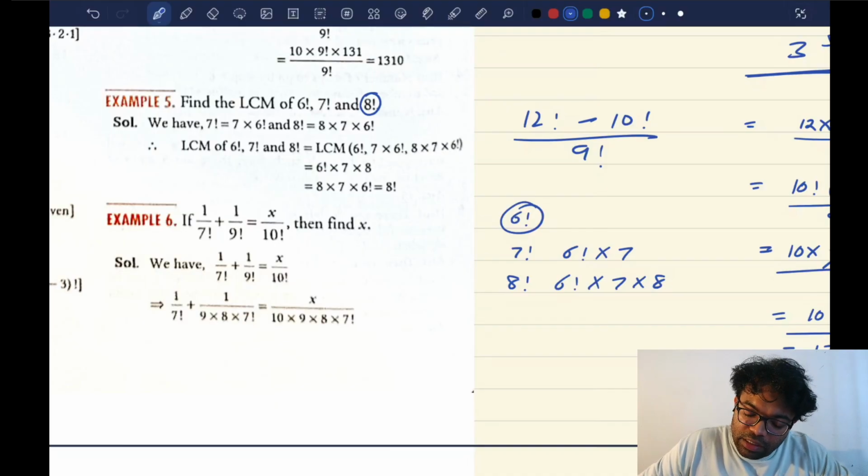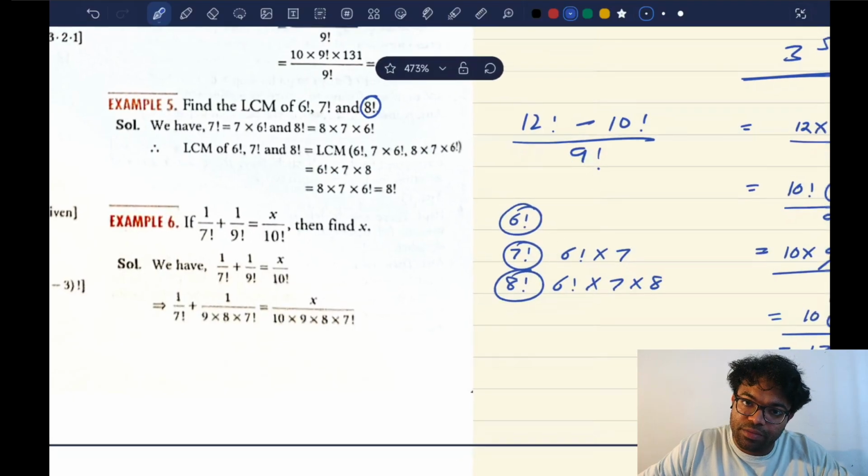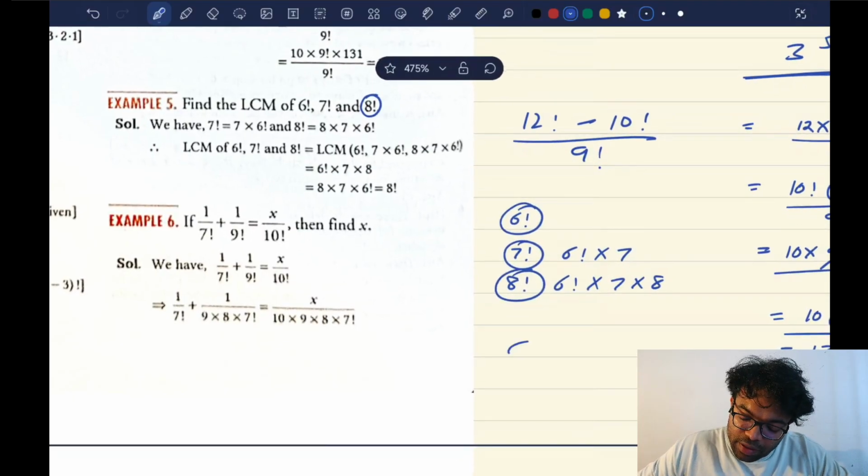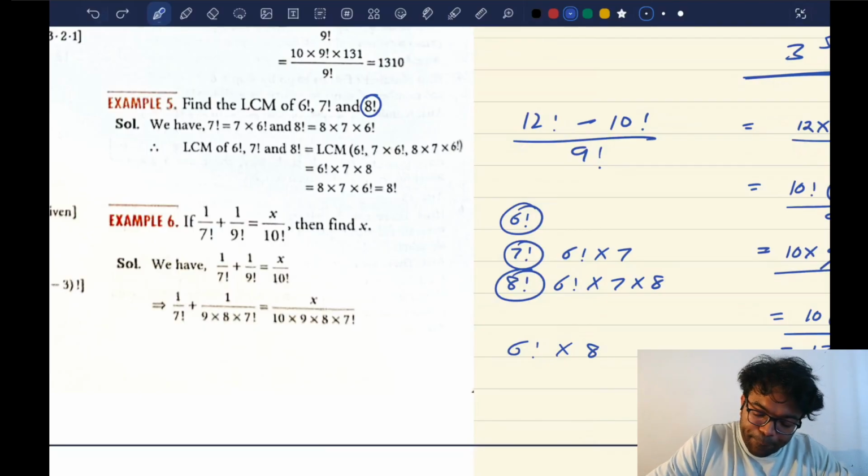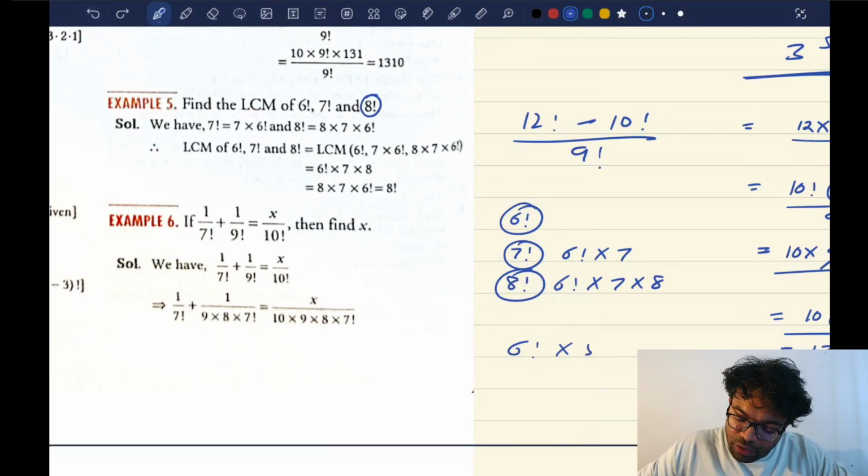7 factorial also divides 8 factorial, and 8 factorial also divides 8 factorial. Understood? So 6 factorial multiplied by 7 into 8, 7 8s are 56, is equal to 8 factorial. 7 factorial multiplied by 8 is equal to 8 factorial.